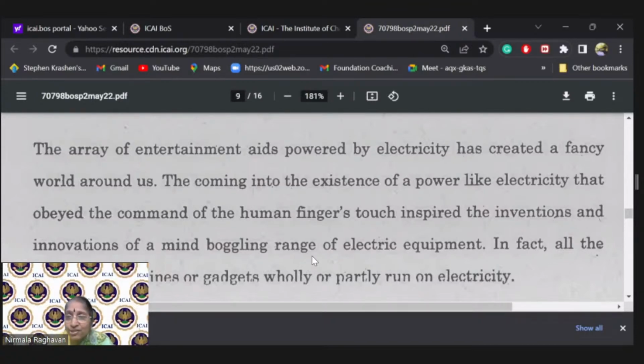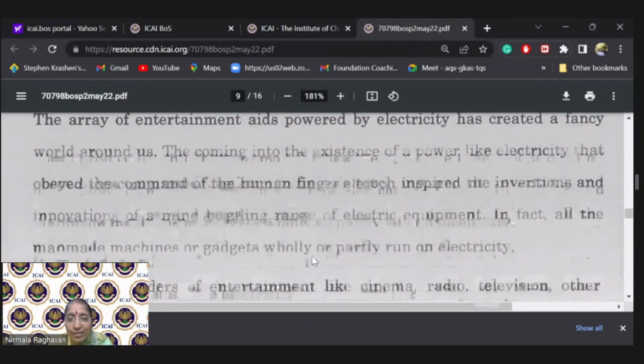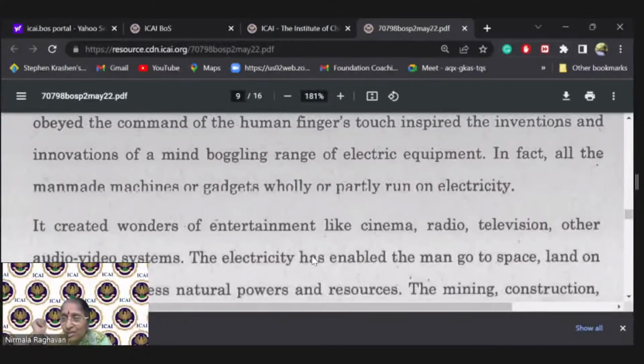Powered by electricity, it has created a fancy world around us. The coming into existence of a power like electricity that obeyed the command of the human finger's touch inspired the inventions and innovations of a mind-boggling range of electrical equipment. Mind-boggling: puzzling, amazing.